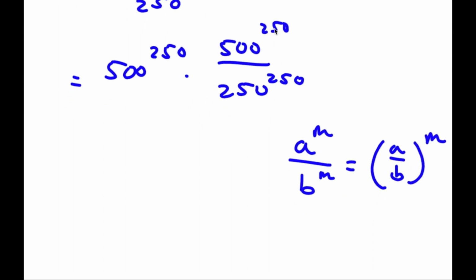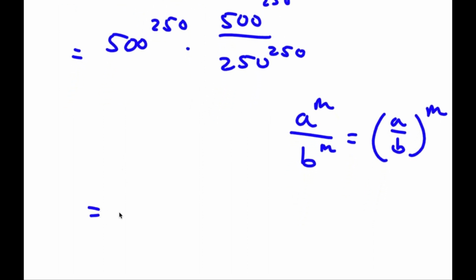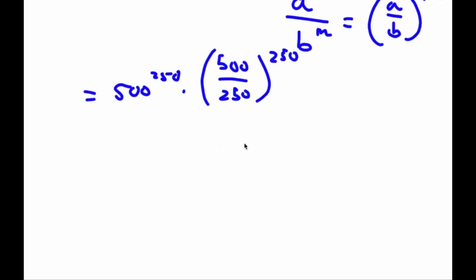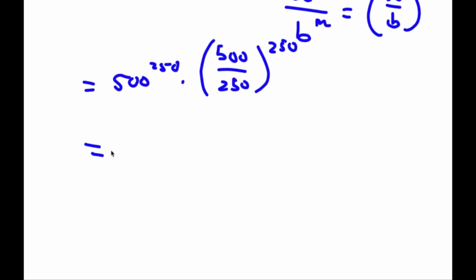So 500 to the power of 250 over 250 to the power of 250 is going to equal 500 over 250 to the power of 250. And now 500 over 250 is equal to 2. So now I have 500 to the power of 250 times 2 to the power of 250.